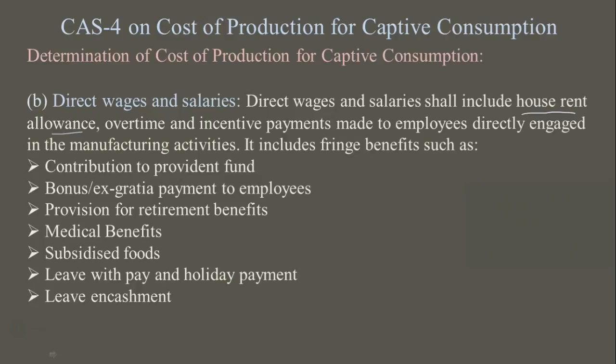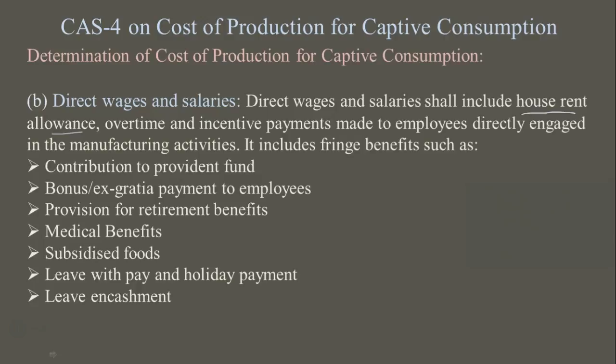So all is part of direct wages and salaries, which shall include house rent allowance, overtime and incentive payments, for those workers and employees who are directly engaged in manufacturing activities, directly related to the production of goods, or directly engaged in the services of manufacturing. So these are part of direct wages and salaries.